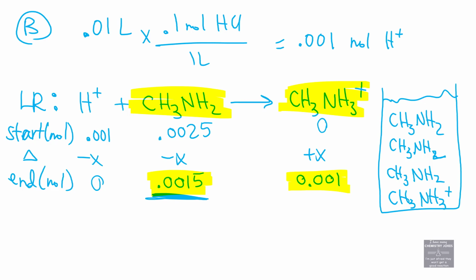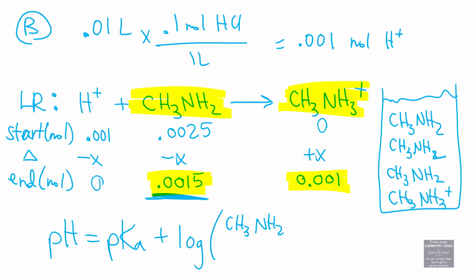I could go forward with an equilibrium table, calculating pH from there, or I can recognize it's a buffer and know that pH equals pKa plus the log of base over acid, and in this system the base is CH3NH2 and the acid is CH3NH3 plus.